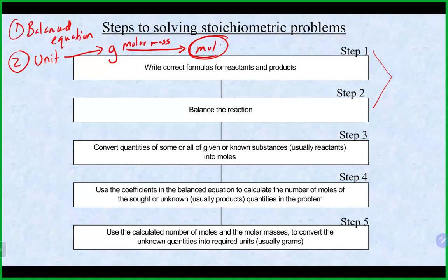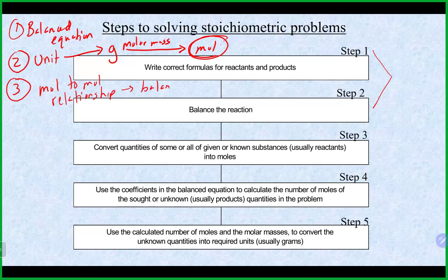The third step here is the mole to mole relationship. And that comes from the balanced equation. We're going to talk about what that looks like in just a second. But you will go to the equation at this point, and you will find the 2 things you're interested in. One thing is whatever they gave you.